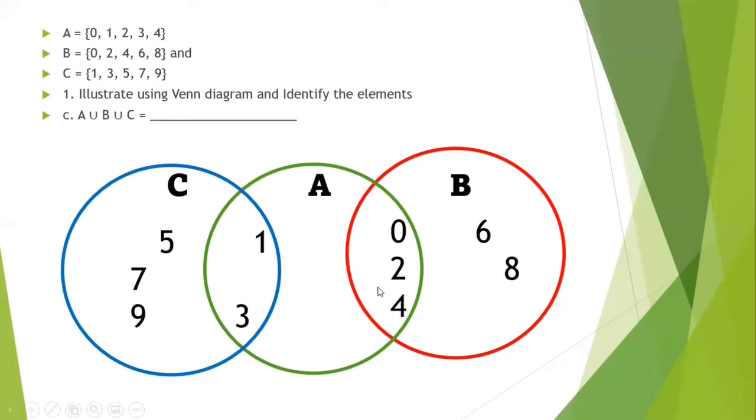Dahil kung titignan natin dito, ang ating set A ay may common element sa set C at that is 1 and 3. At ang A naman ulit ay may common naman siya sa set B. That is 0, 2, 4. That's why yung mga elements ng A ay nasa intersection part.